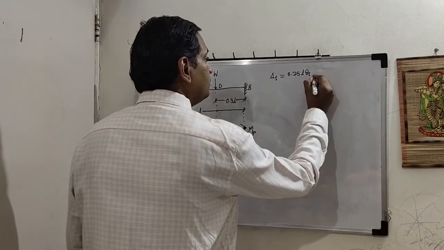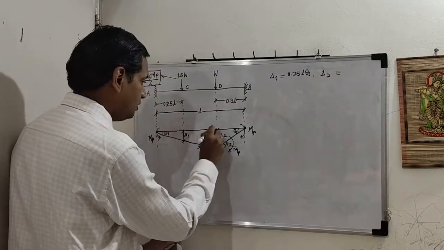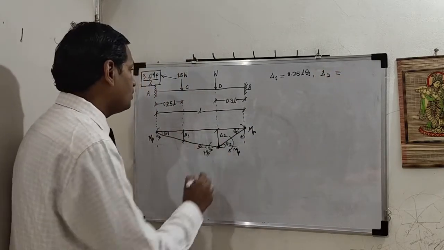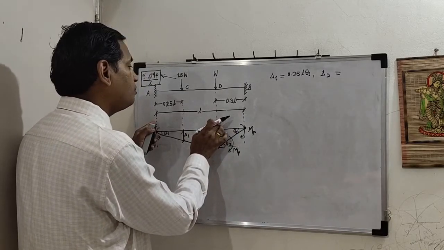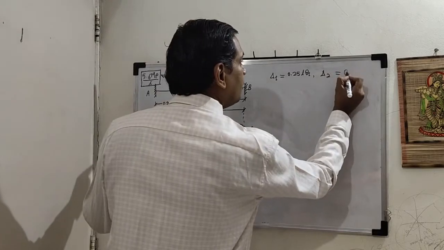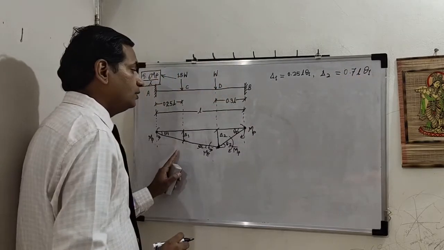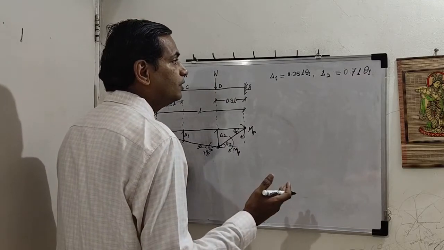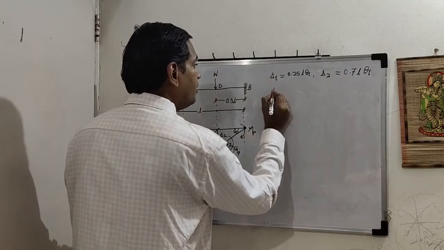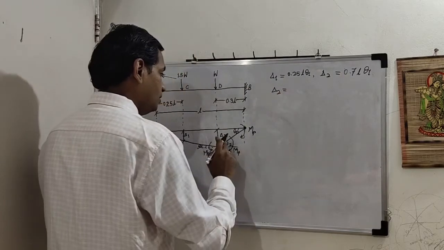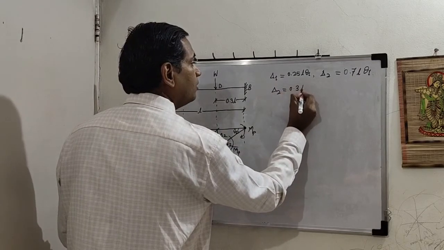Delta 2, this is the larger triangle, so this is 1 minus 0.3, so 0.7 L theta 1. Now we want theta 2 in terms of theta 1, so our other delta 2 value is 0.3 L theta 2.